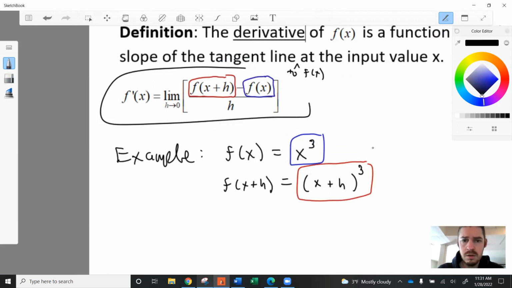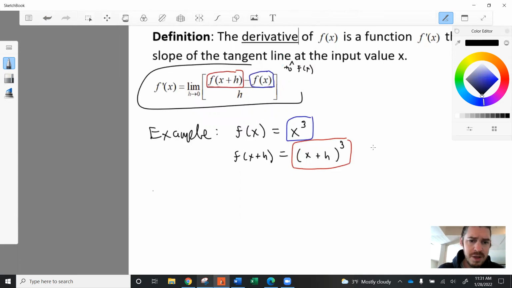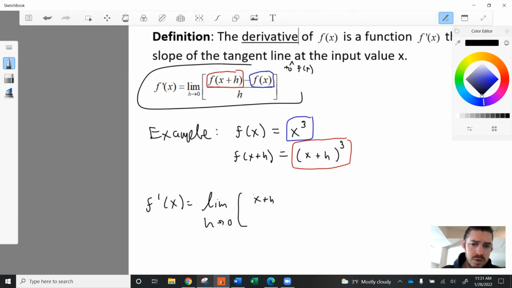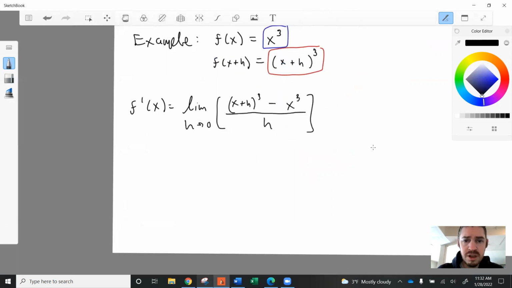So for this, f prime of x will equal the limit as h approaches 0 of x plus h cubed, the red, minus the blue, x cubed, all over h. Okay, so this limit looks a little bit different because it has these two variables floating around, h and x.